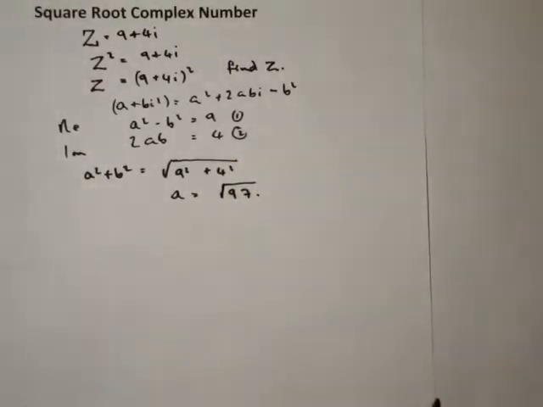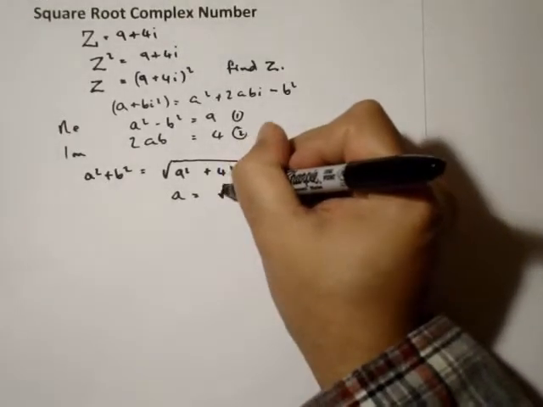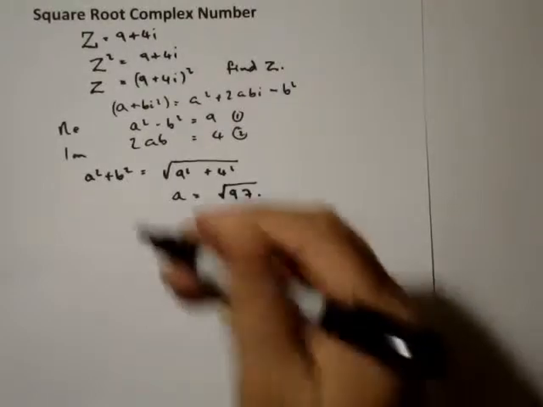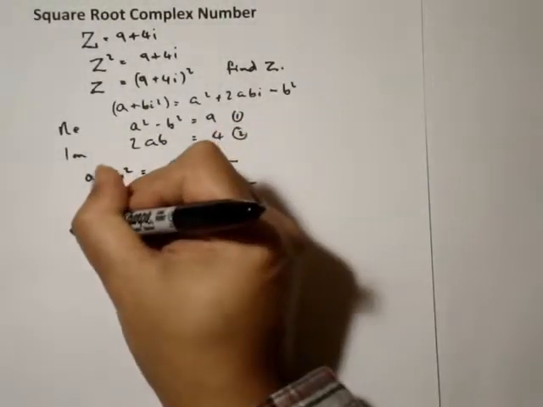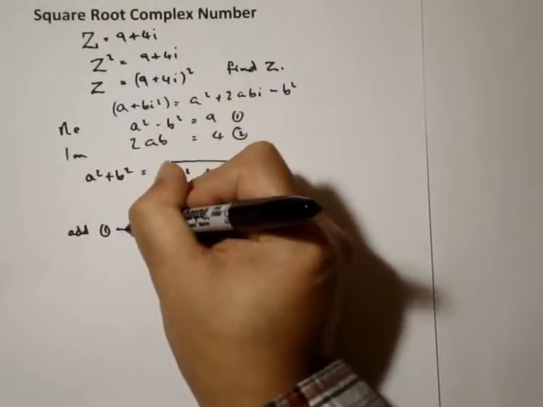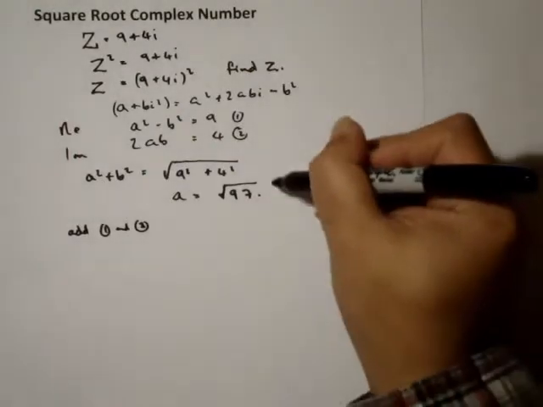Okay, so we don't get a whole number, so we're left with a square root. So now when we add 1 and 3, this is our 3.